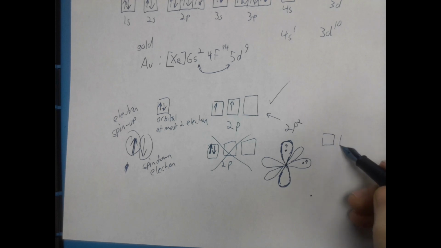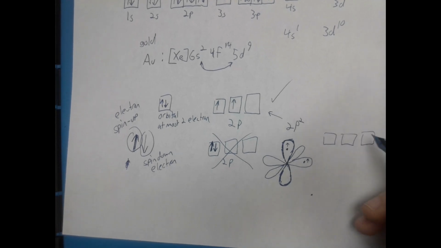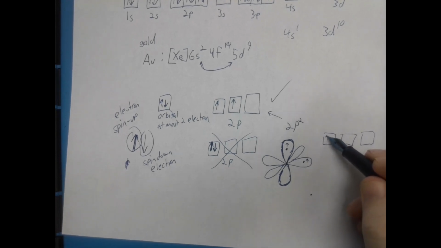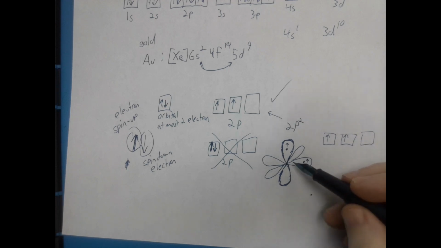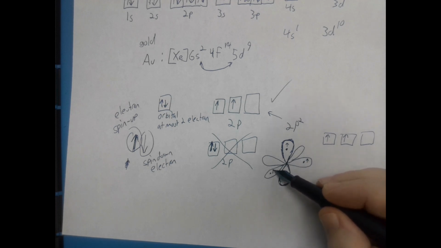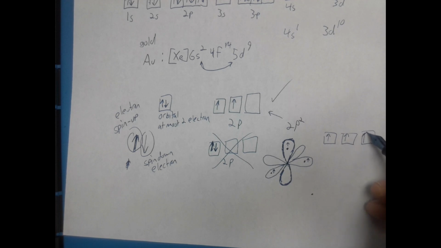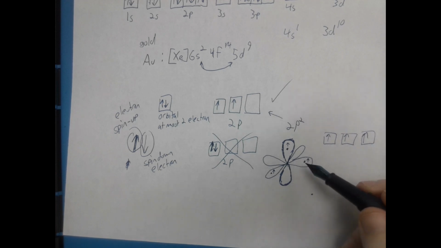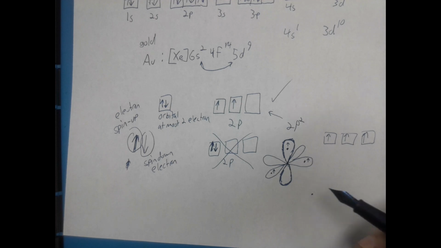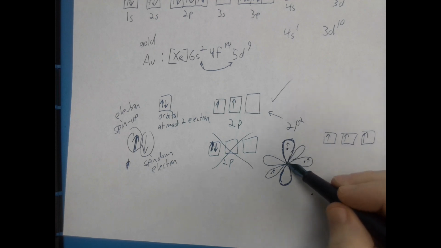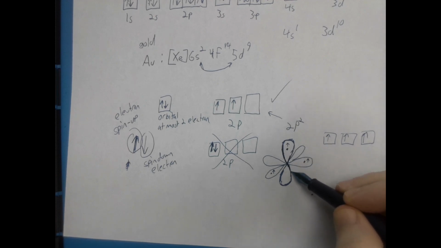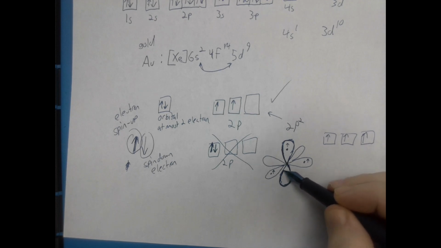So representing each one as boxes, that's adding it to 2 different orbitals. Adding in a third one would then have to go into another one, and it has to also be spin up. And we cannot add another spin up because Pauli exclusion tells you that each of these orbitals can have at most only one spin up.